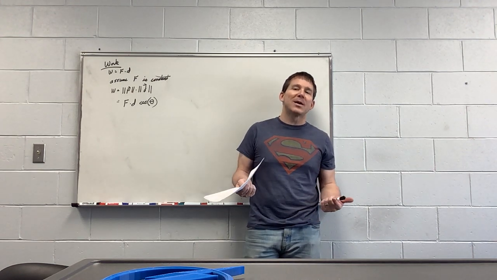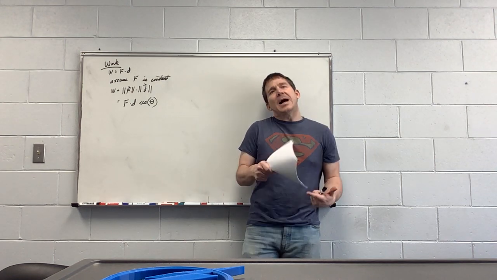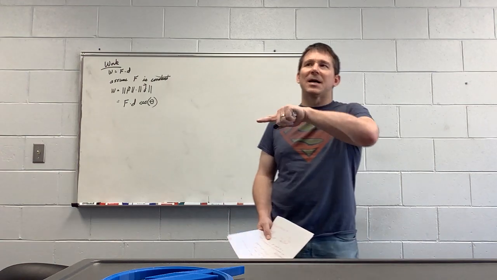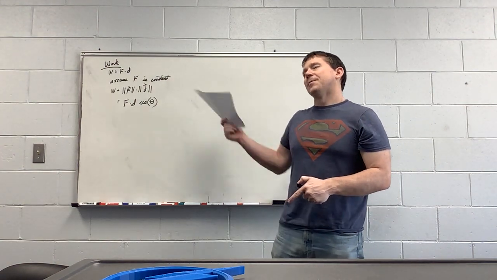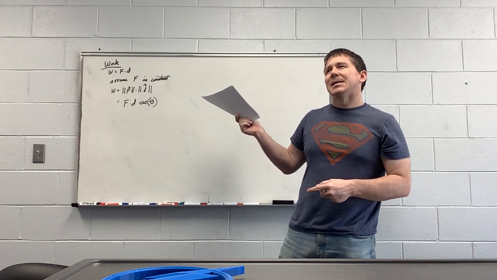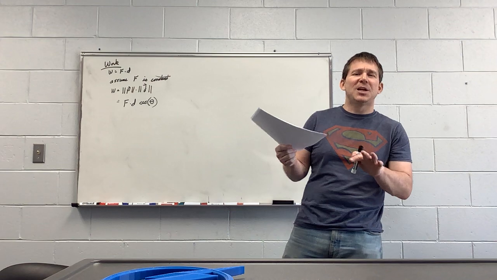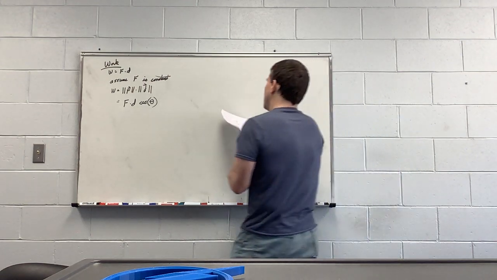It doesn't move in straight lines, it moves along a curve. How exactly do I find the work done in moving a particle along a curve? Well, if I know how to calculate the work for a straight line, I can generalize that to approximate the work along a curve.